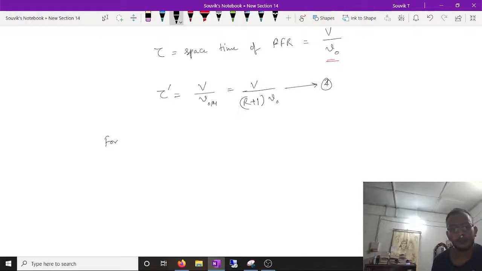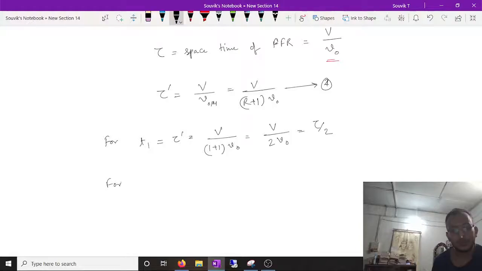For T1 we will have tau dash equal to V by (1 plus 1) V0, because R is equal to 1. So we have V by 2 V0, and we already know that V by V0 is equal to tau, so it will be tau by 2.